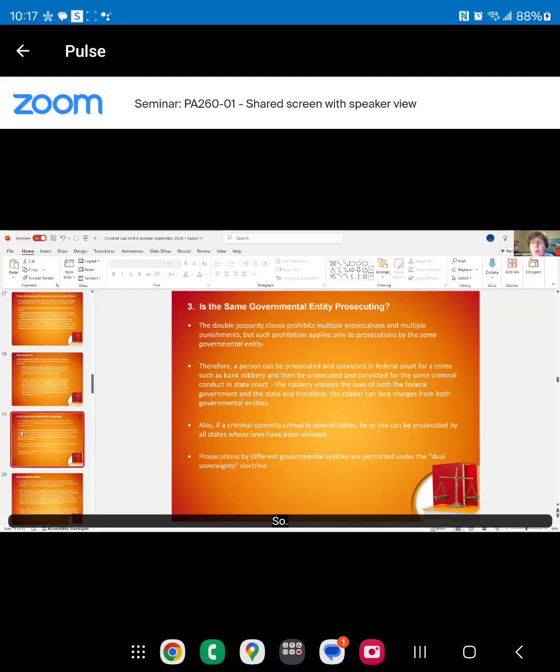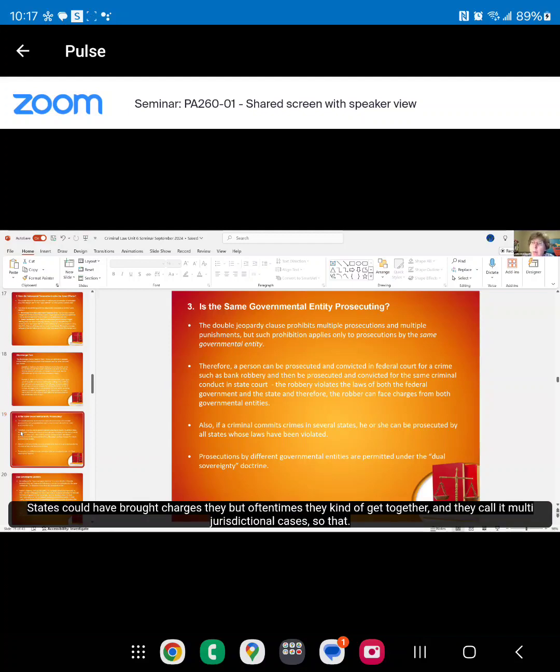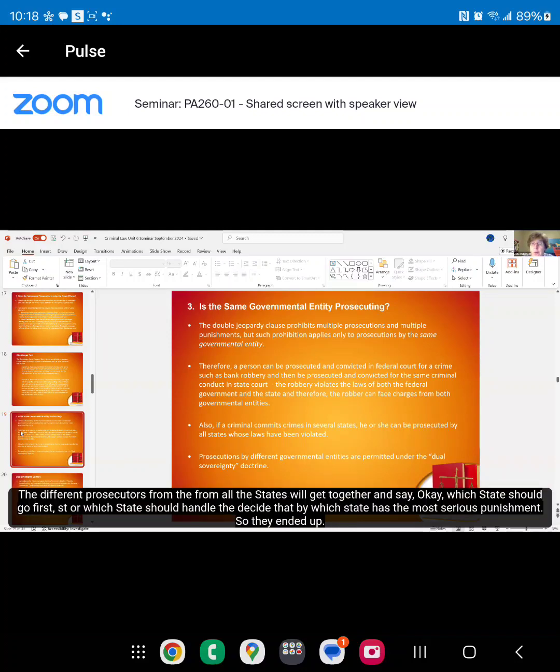So in that case, all of those states could have brought charges. But oftentimes they get together and it's called multi-jurisdictional cases. So the different prosecutors from all the states will get together and say, okay, which state should go first, or which state should handle it?